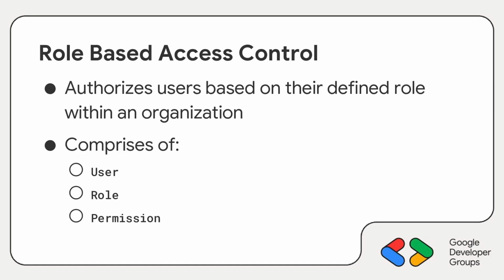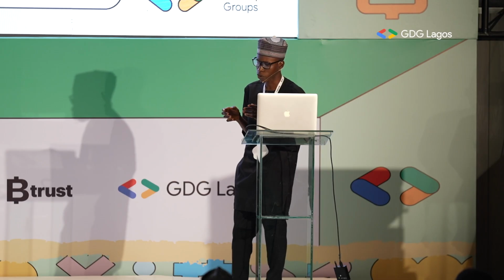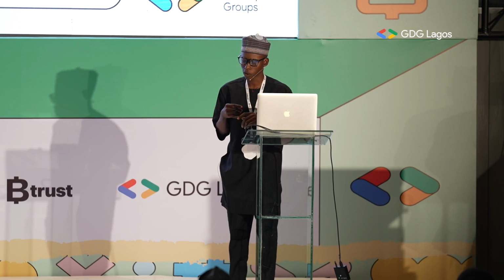So what's role-based access control? From the title, role-based, you are just giving access based on roles, right? It authorizes users based on the defined roles within an organization. These roles comprise three components: you have your users, you have your role, and you have your permission.